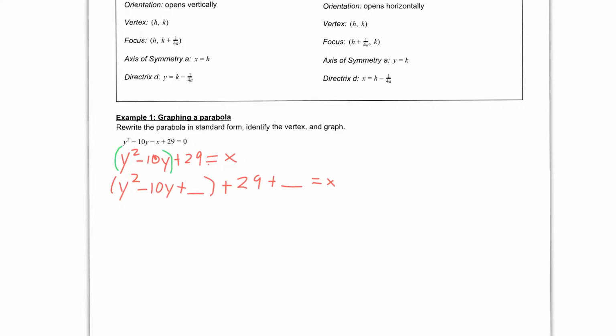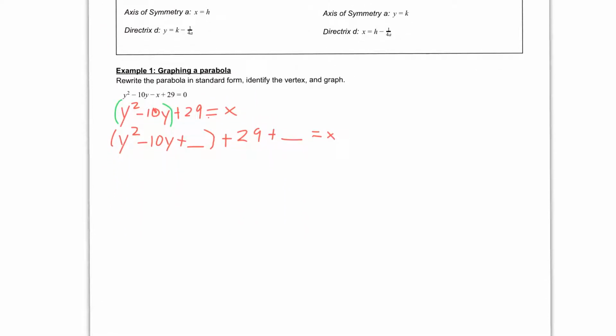So if I figure out what number needs to go in for my blank spot, I'm going to take this number here, divide it by 2, and square it. And that's what's going to go in there. So 10 divided by 2 is 5, and 5 squared gives me 25.